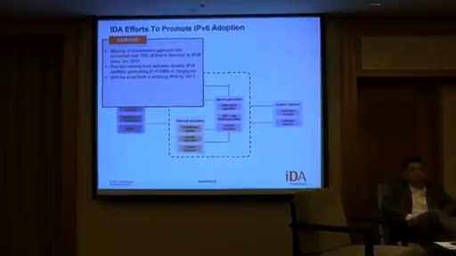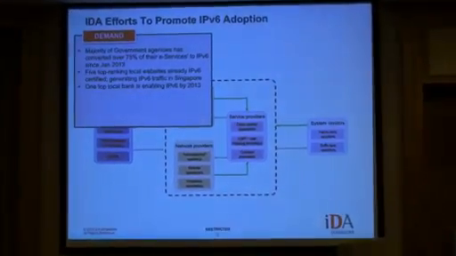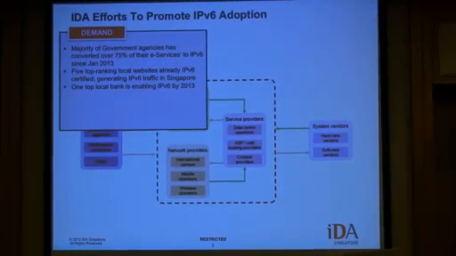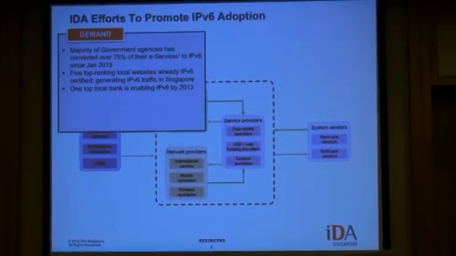The first thing we did was, as a government, we need to set examples, right? So right now, most of our government agencies, for their e-services, you can access through IPv6. Another one is our top ranking website in Singapore. We supported them in migrating to IPv6.